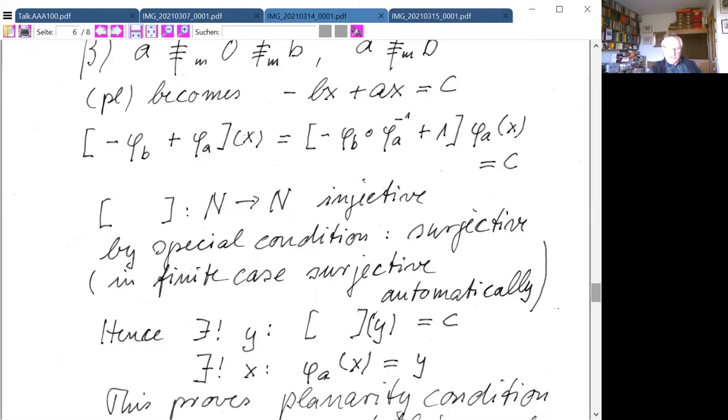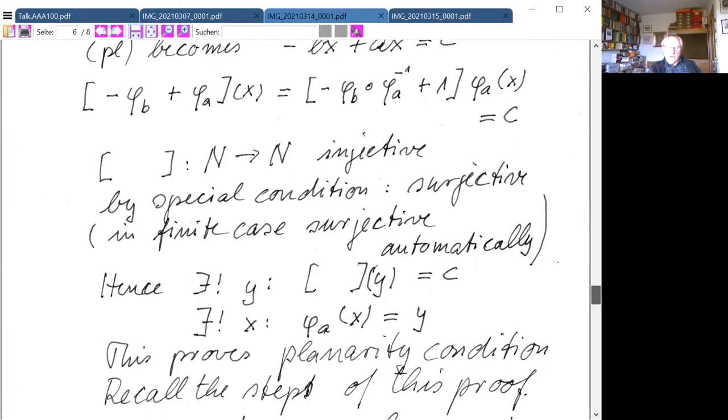It must be an injective mapping. If I multiply this now with φ_a to the minus 1, then this becomes minus φ_b combined with φ_a to the minus 1 plus 1, and this is then φ_a x equals c. This is no longer an automorphism, but it's still injective.